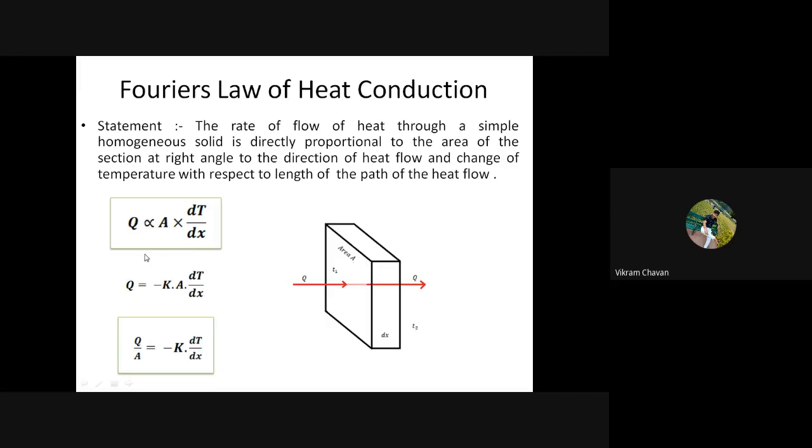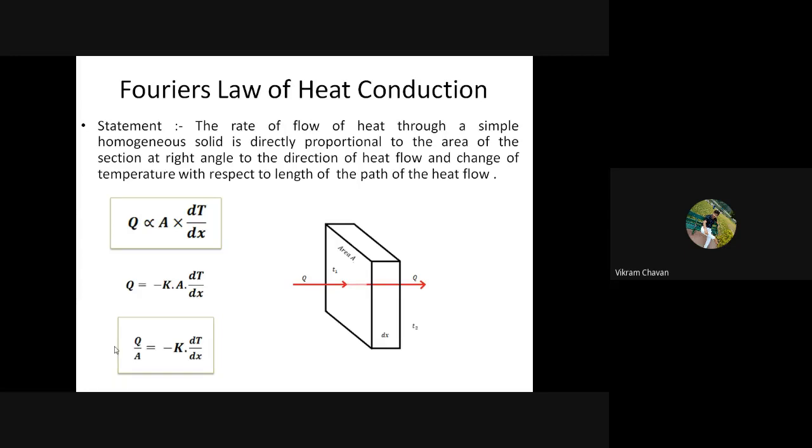Next, we have to normalize this proportional sign. So Q is equal to minus K multiplied by capital A multiplied by dt divided by dx.